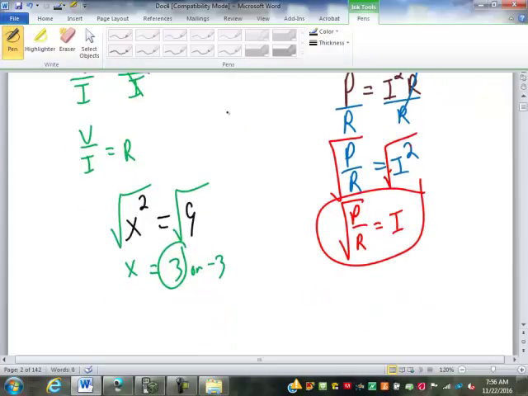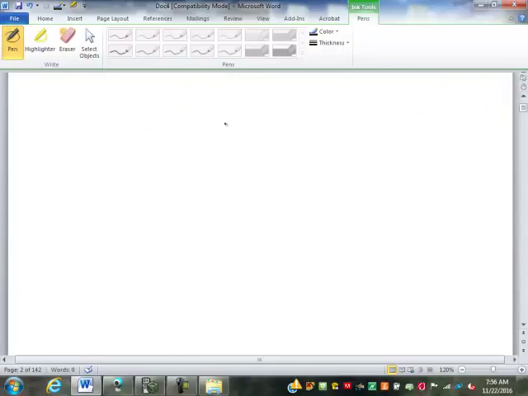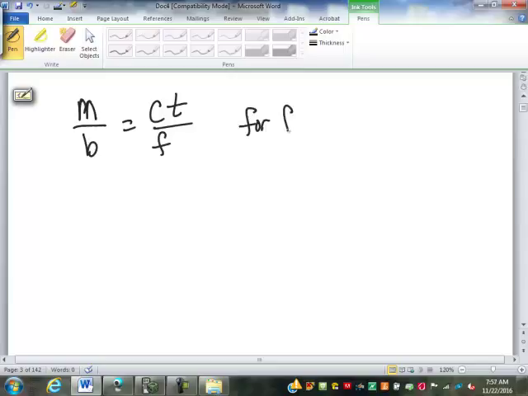The tougher ones to work with are if we have something like this. In fact, let's do a simpler one first. Like this. And I want to solve that for f.